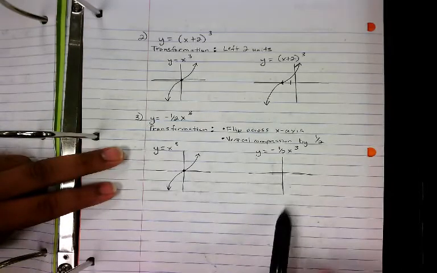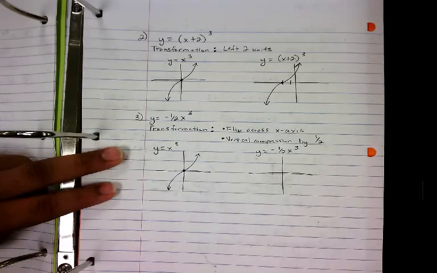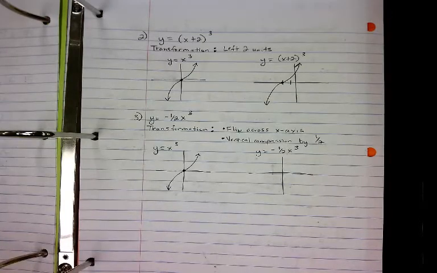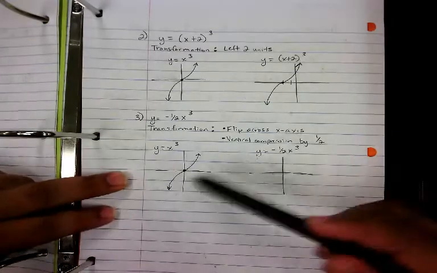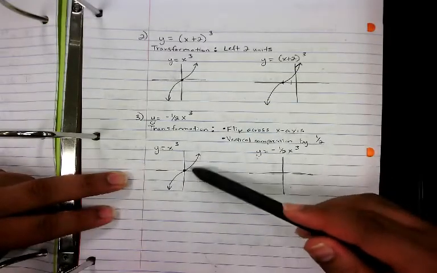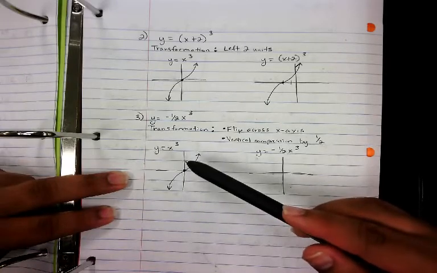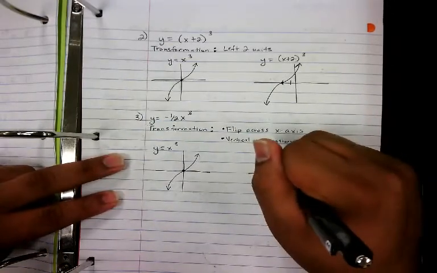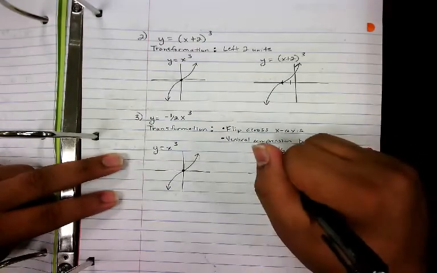This is the one that's going side to side, your x-axis. So when you flip it, you flip this over the x-axis. Now this is going to be coming down, and this is going to be going up. So you're just flipping it. So it should look like this. And it's compressed by 1/2, so it's shrunk a little bit.